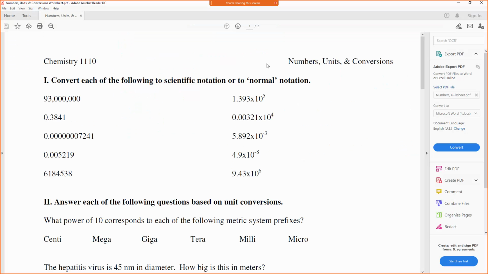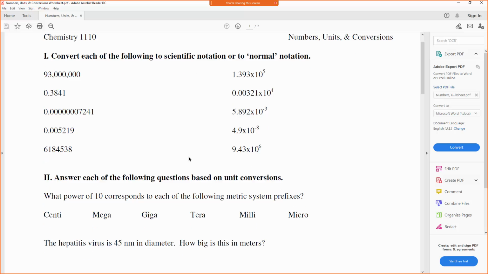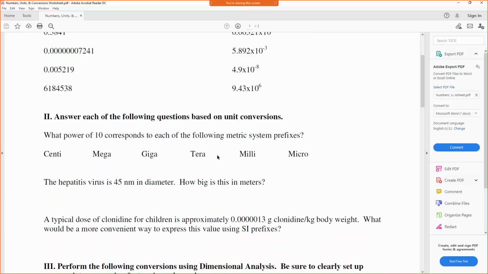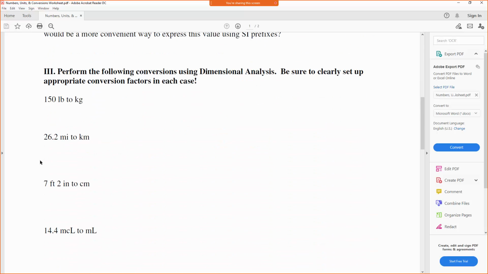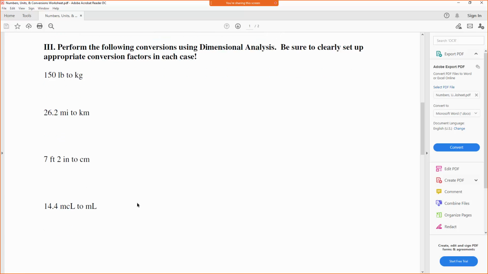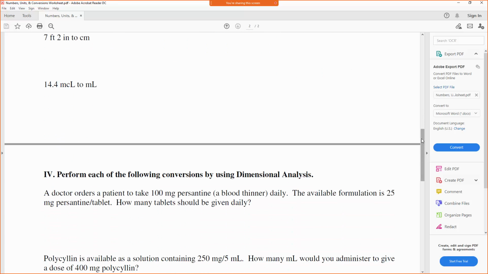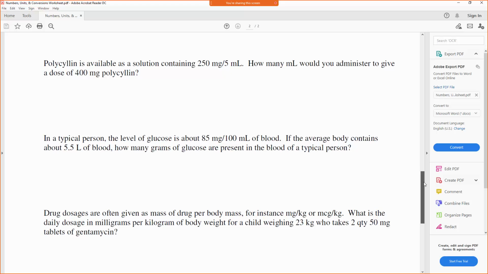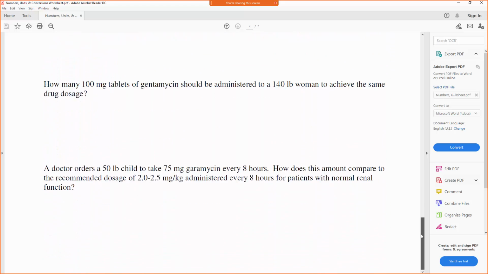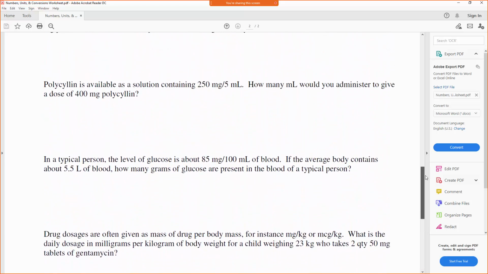So just to show you what that looks like, here's your worksheet. And this was for chapter 1, and this is what we did. The first thing we did in chapter 1 is we did these conversions. We talked about metric conversions. We did some very simple dimensional analysis conversions, and now we've got a whole page of dosage style dimensional analysis questions, okay?